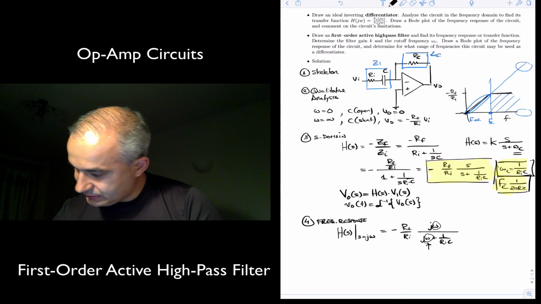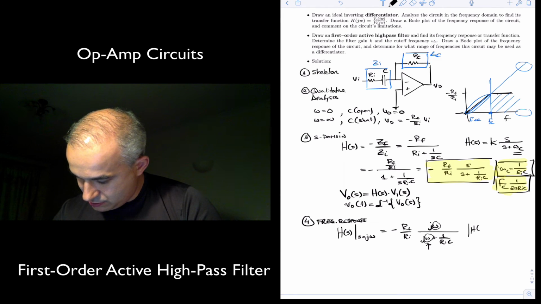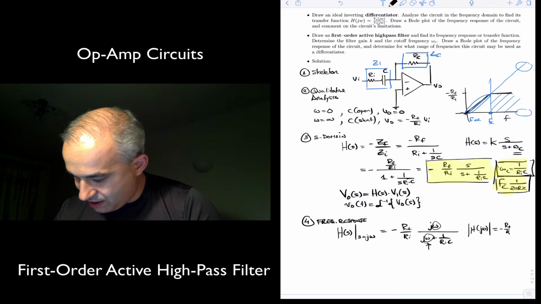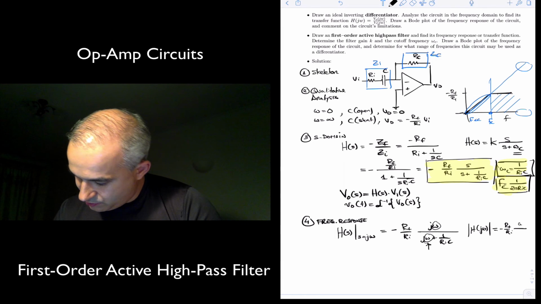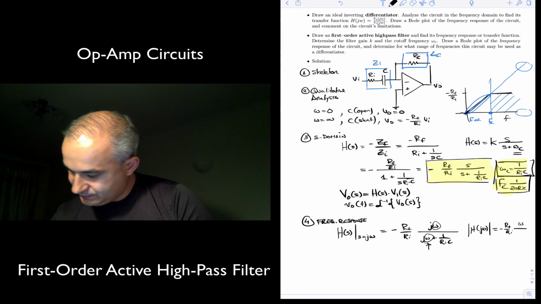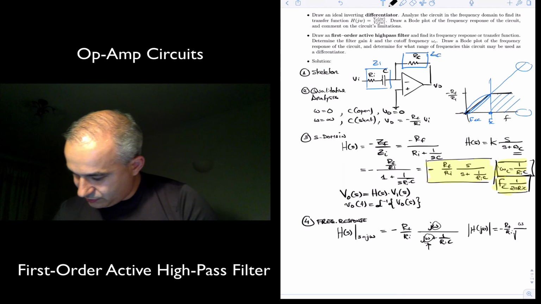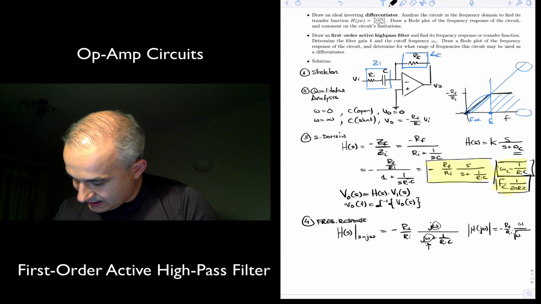Let me just do the magnitude here. The magnitude will be minus Rf over Ri, omega, over the square root of omega squared plus 1 over RiC squared.